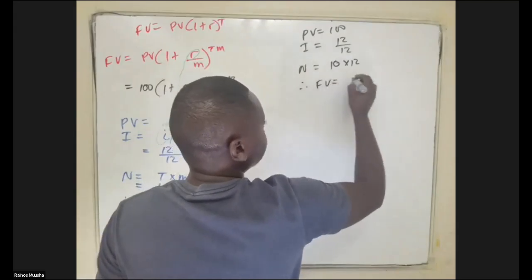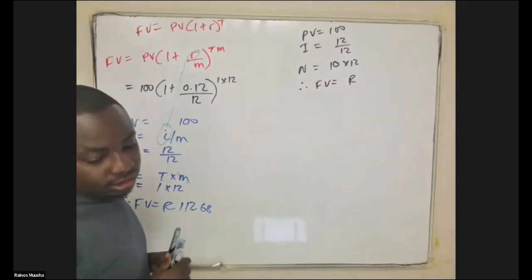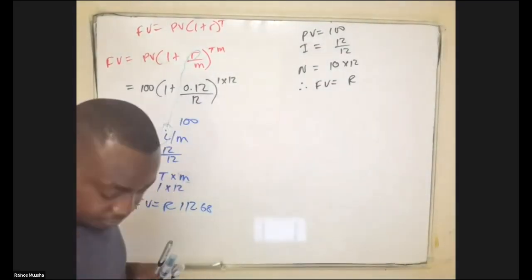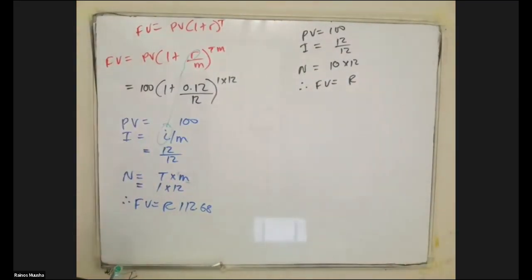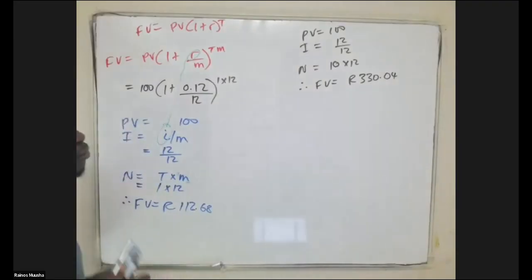And then you should be able to get a future value of 330.04, to 2 decimal places.